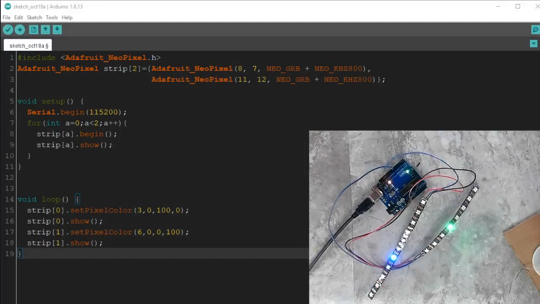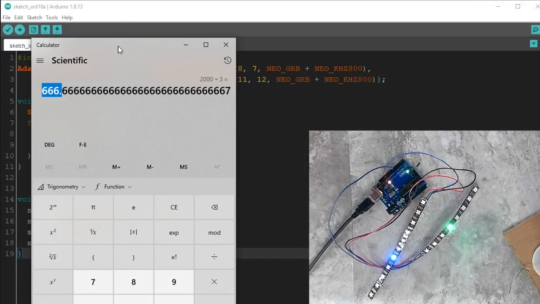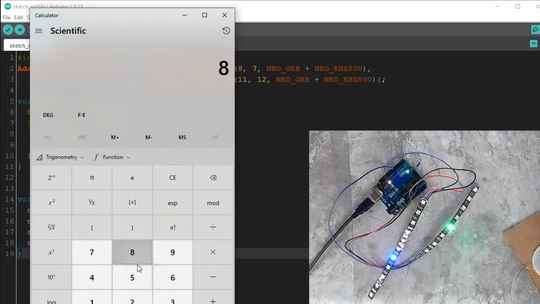What does that mean? 8,000 divided by 3 is 2,600 NeoPixels. That's a lot of NeoPixels, right? Kind of fun to play with. So bigger boards, more memory, more room to play, right?